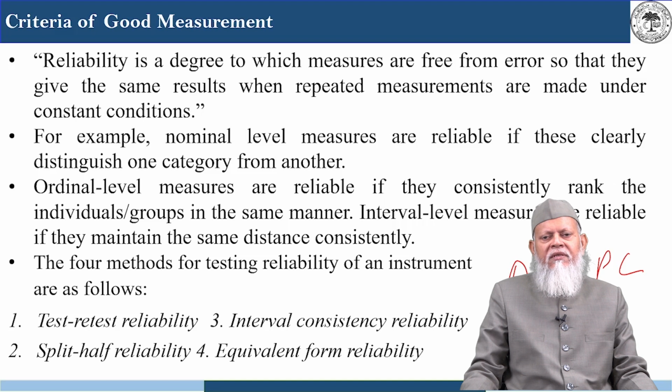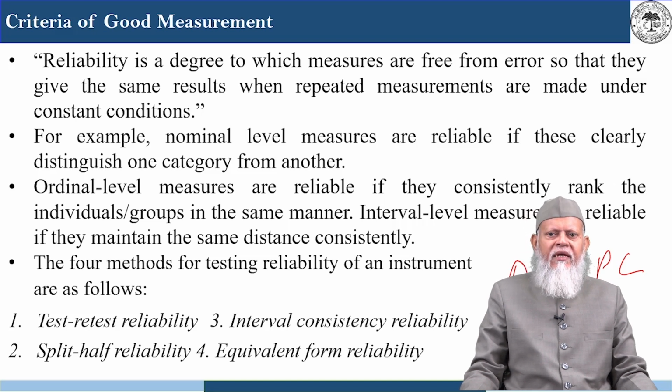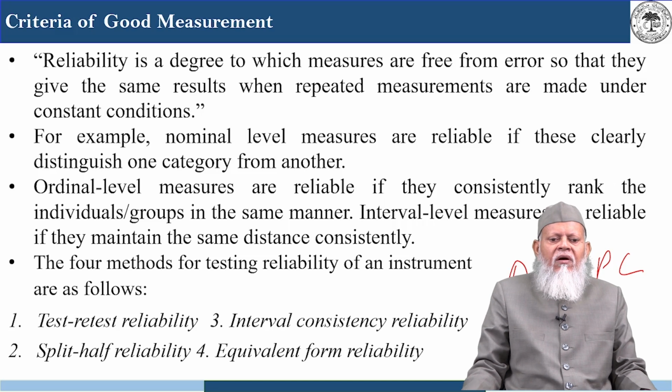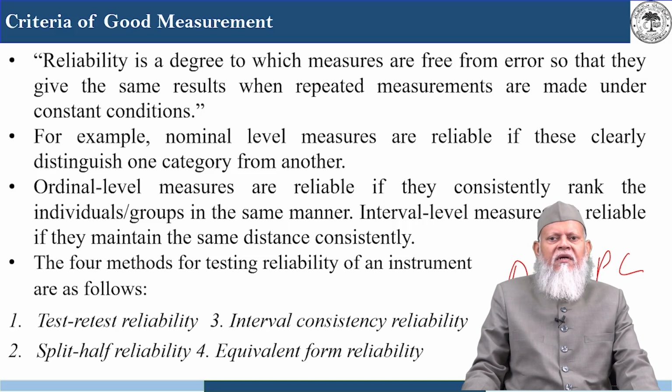That is, the temperature difference between say 1 to 5, the heat involved is the same as between 5 to 10. That is the consistency of the interval scale. Whereas, as far as the ratio scale is concerned, we know that it is a complete scale.